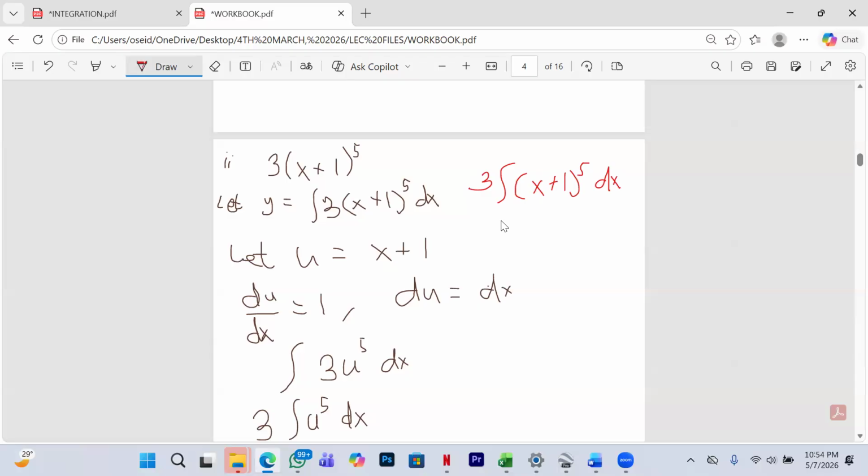Then this rule says what? Three bracket 1 over, what are we having here? 5 plus 1, 6. Then we have the entire term here, x plus 1, all over 6 plus k.